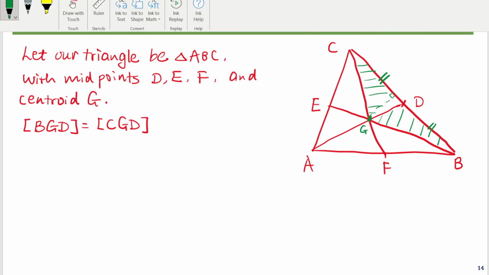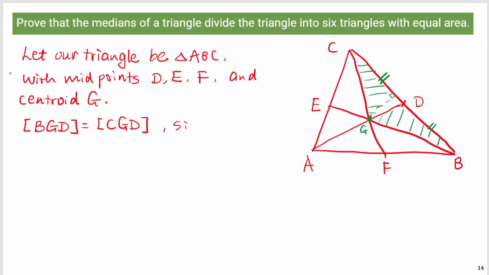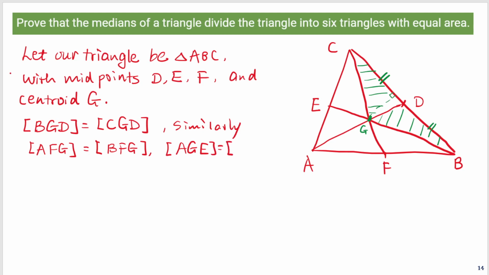And similarly, we also have the area of triangle AFG should equal the area of BFG, right? And the area of triangle AEG equals the area of triangle CGE, right?